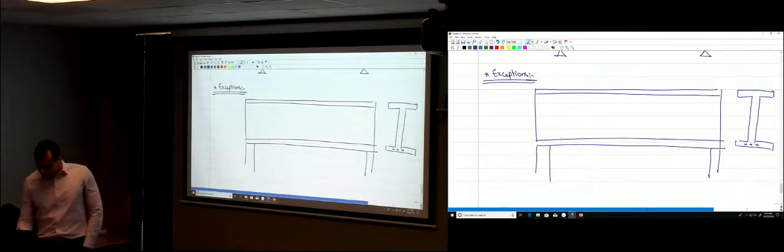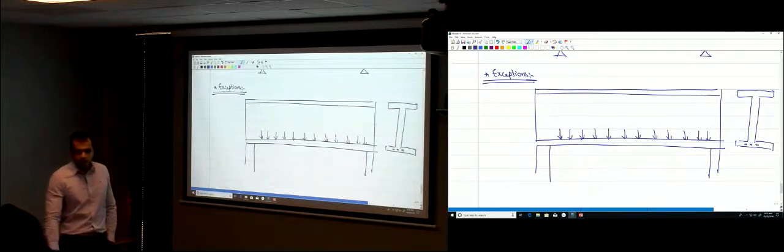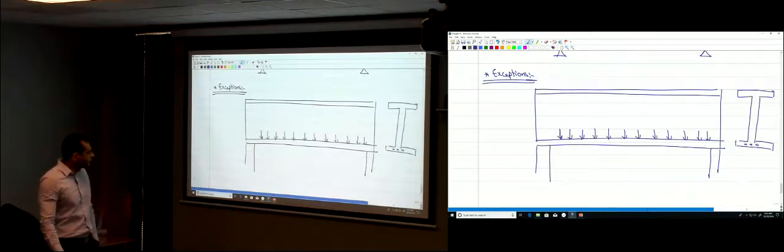And the load is applied here, on the lower flange. Would you decrease your V ultimate, calculating it at the distance d?